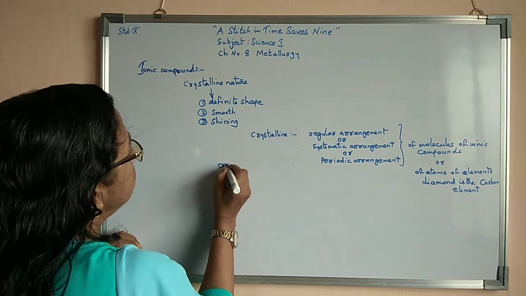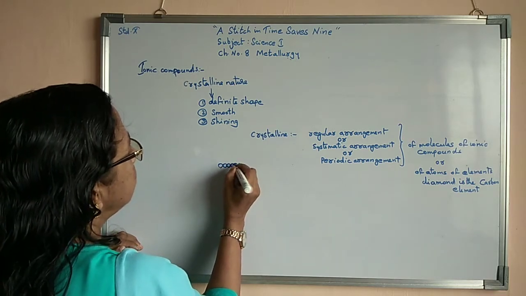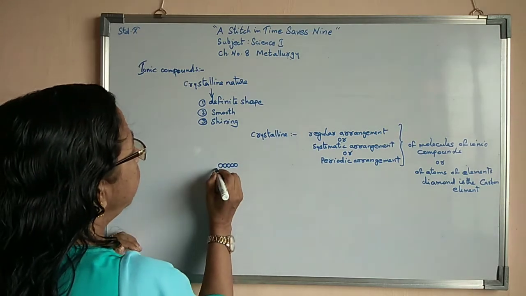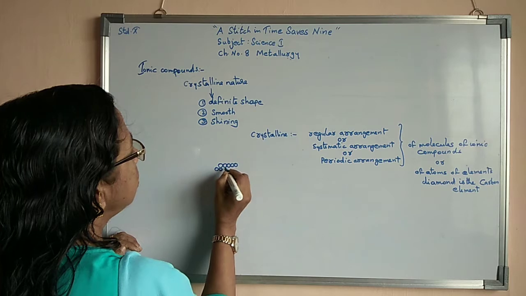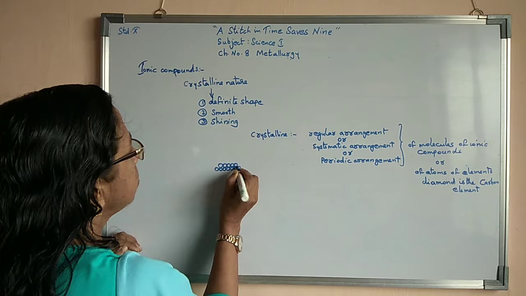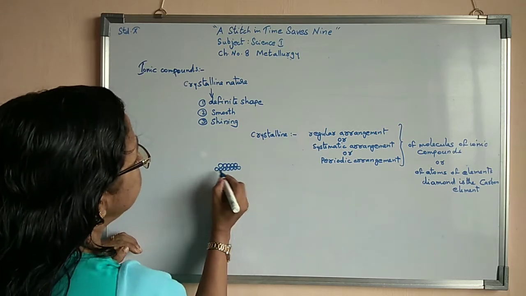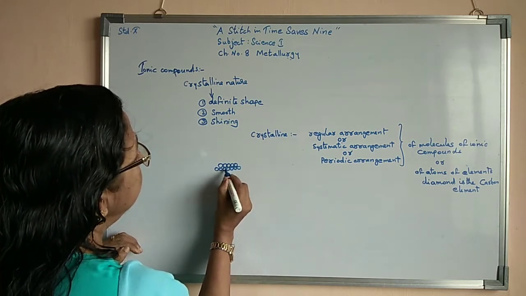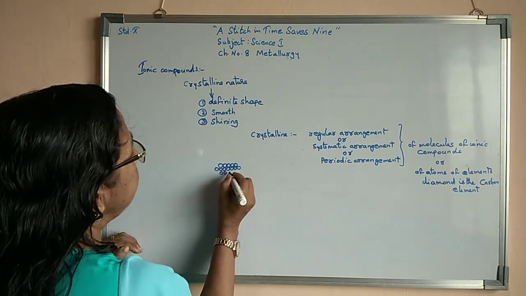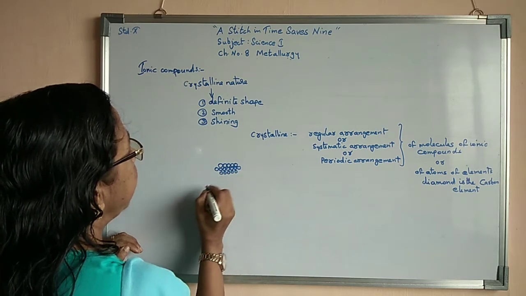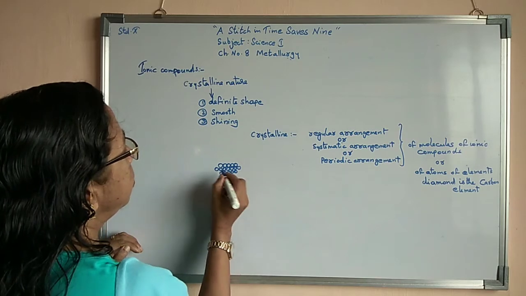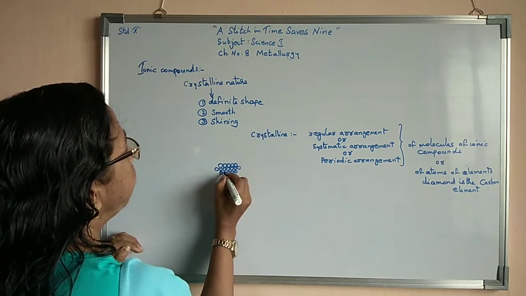Here I made 5 molecules of an ionic compound. On both sides, here 5, here again 5 plus an additional 2. The next arrangement will again be 5. All will be close to each other because they are in solid form.